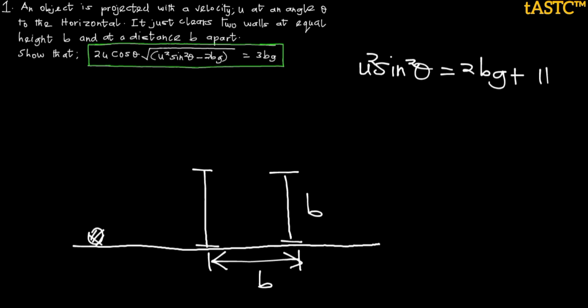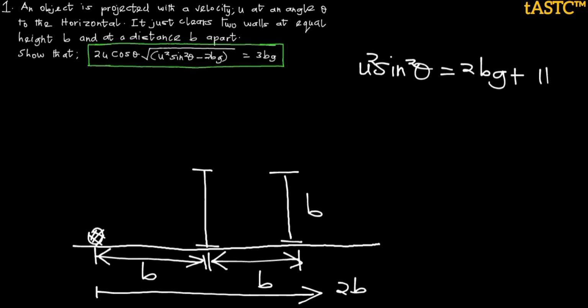And we designated that the distance between the ball and the first wall is b. So the distance between the ball and the second wall is going to be 2b. So from here until you reach this point, this is going to be equal to 2b.